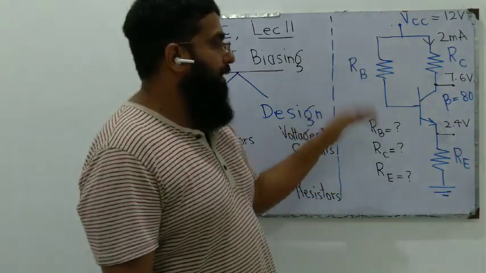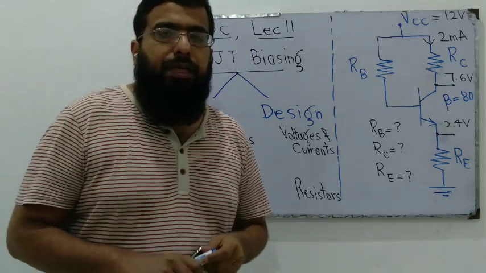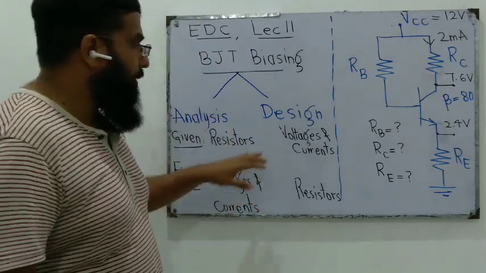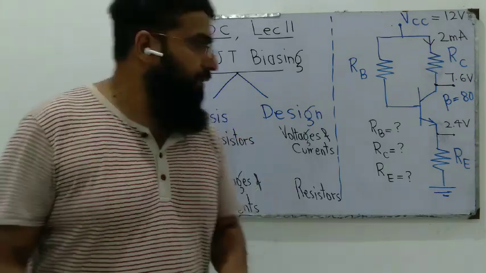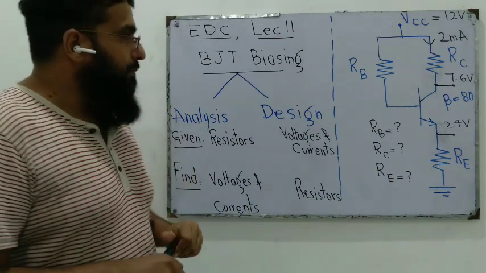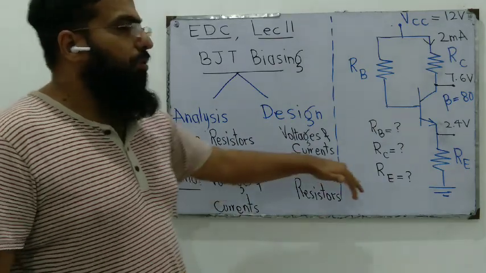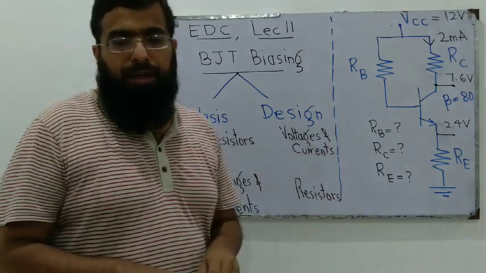For example, in this case, we have to find out RB, RC, RE, etc. These types of problems are called design problems, where we have to find out the values of resistors given different voltages and currents. Next, we will solve this problem to find out the values of RB, RC, and RE.